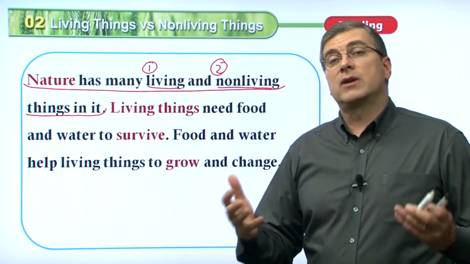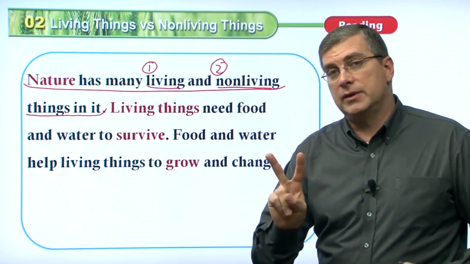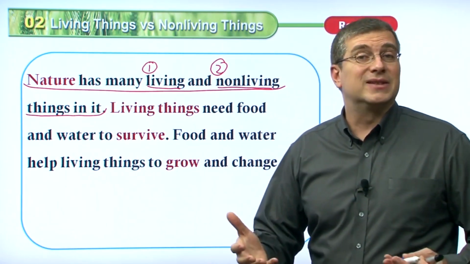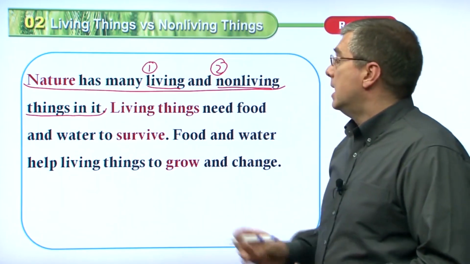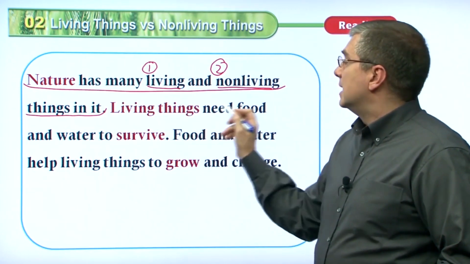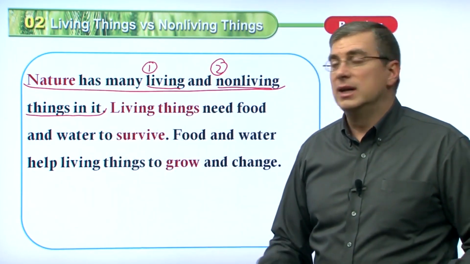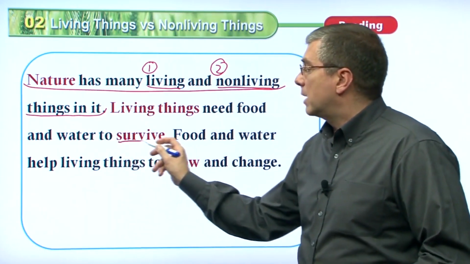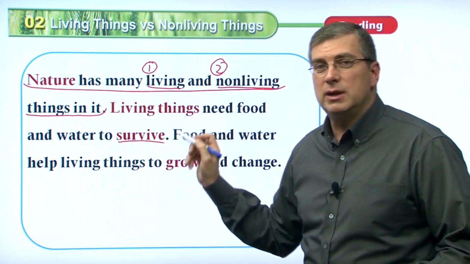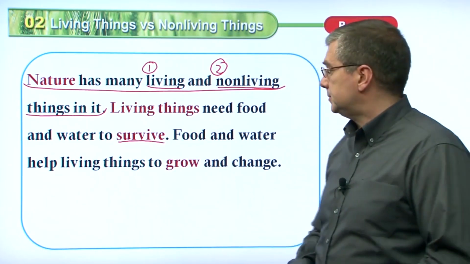So basically this article, this passage, is going to talk about 2 different things that occur or exist in nature. First, we're going to talk about living things. Living things need food and water. Why? To survive, to keep living. So they want to continue living, they want to survive, they want to grow.